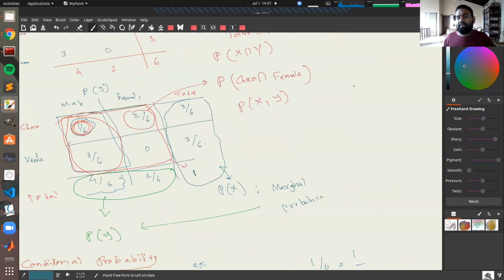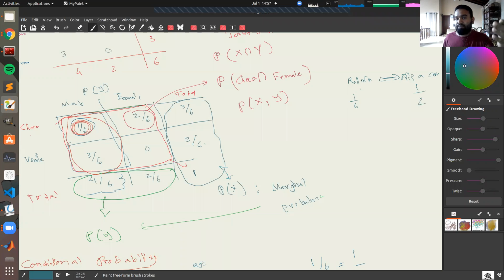So an independent example would be something like, first I roll a dice, and then I flip a coin. Right? These two events are independent from each other. Just because I flip a coin or roll a dice, it doesn't affect the other. So if I roll a dice, I get 1 out of 6 chances. If I flip a coin, I get 1 out of 2 chances.